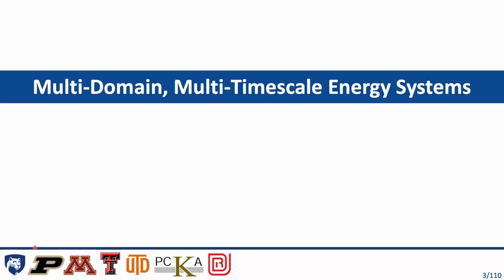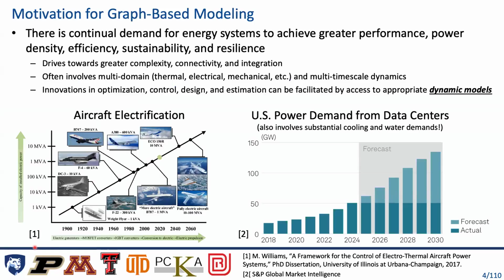So in the title of the tutorial, we talk about multi-domain and multi-timescale energy systems. So what are those and why do they matter? Probably not a secret to most of you that the demand for energy systems to improve in a variety of different figures of merit is really strong, right?